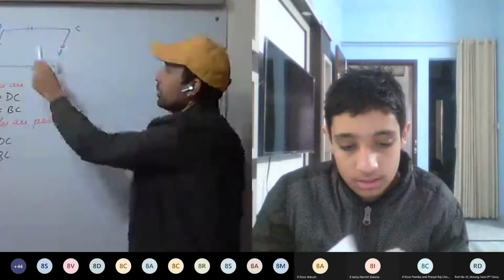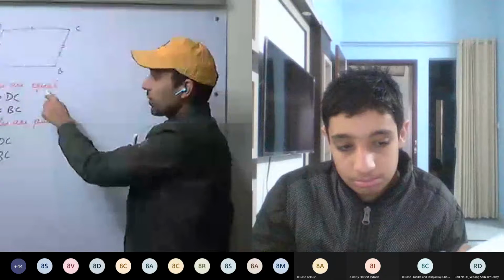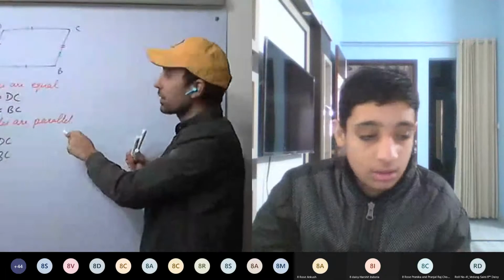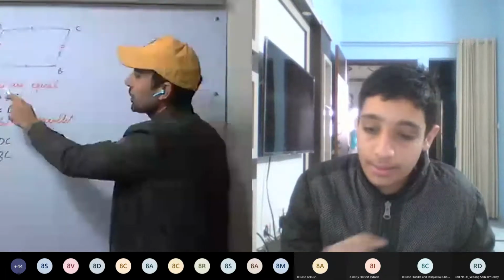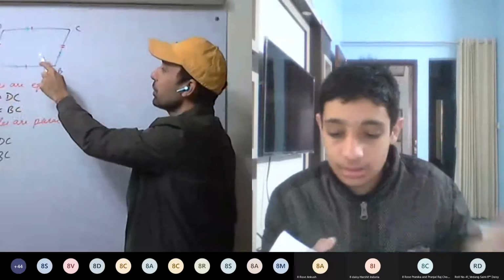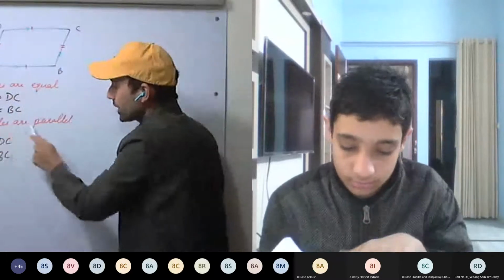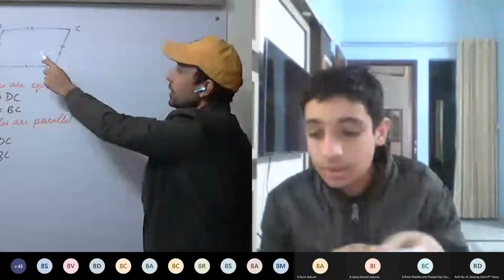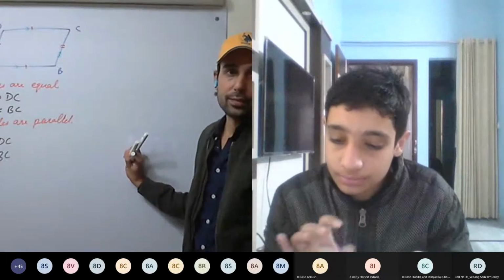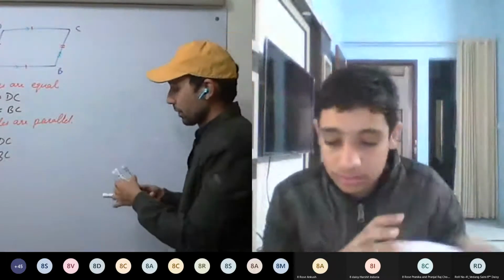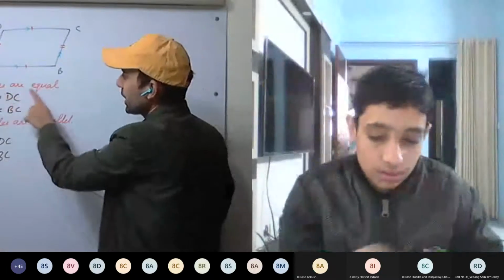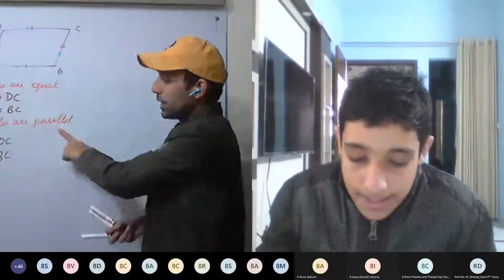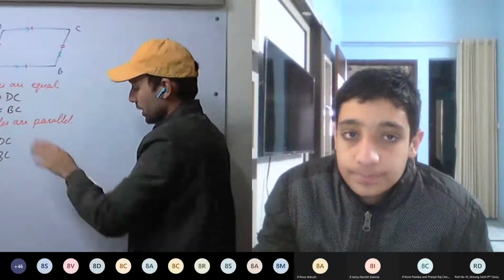So in a parallelogram, pairs of opposite sides are equal and parallel. If in a quadrilateral opposite sides are equal, it will be a parallelogram. If opposite sides are parallel in a quadrilateral, then it will be a parallelogram. These two properties are there.